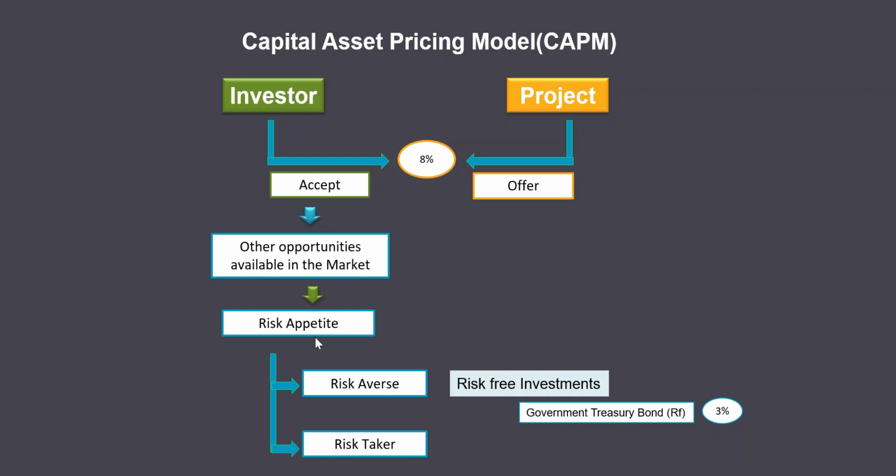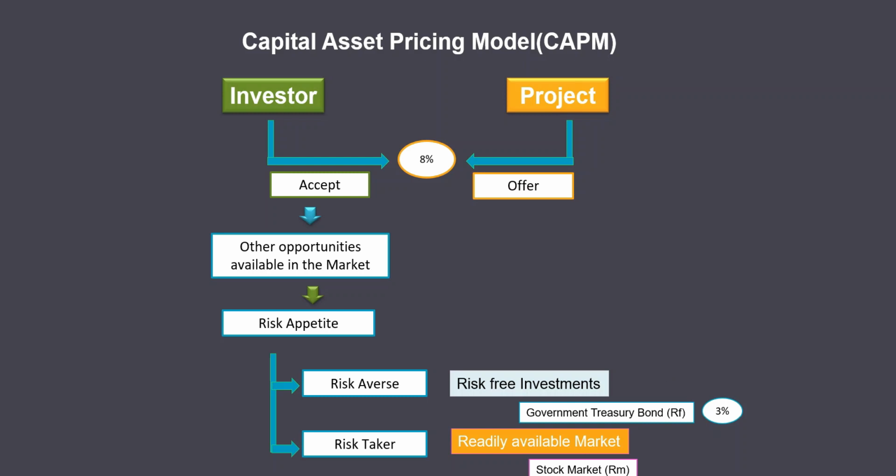Now let's say the investor is a risk taker. Where would he invest? He would invest in the readily available market. For this example, the stock market would be an ideal example of a readily available market.